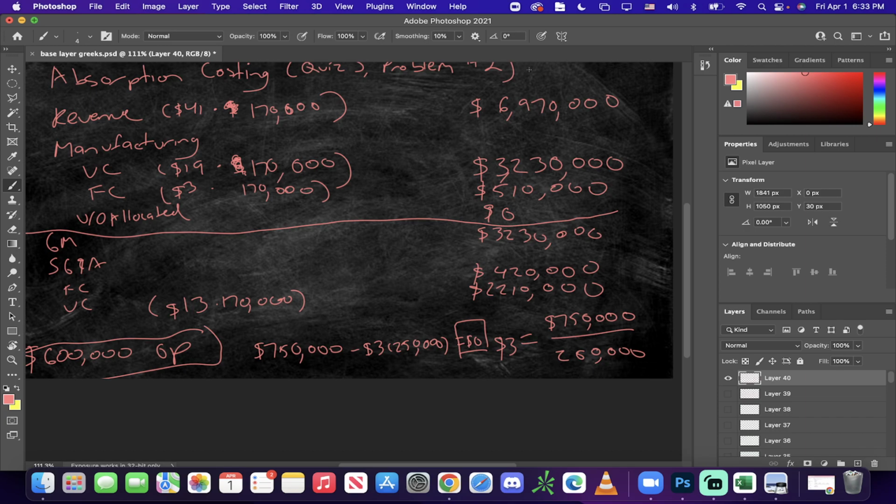Oh, for the actual minus allocated? Yeah. The reason that's the case is because the planned units and the actual production were the same. Okay. So whenever production is the same as planned, that's just going to be 0.